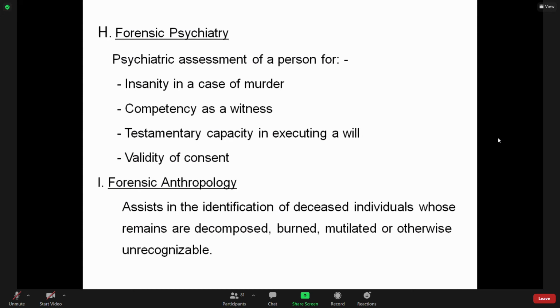Identification is difficult here too. If the body is decomposed and skeletonization has occurred, then again identification is difficult. Burned, again it is difficult. So the work of the anthropologist is to identify the pieces of a body and then identify the person at the end. So this is related with forensic anthropology.